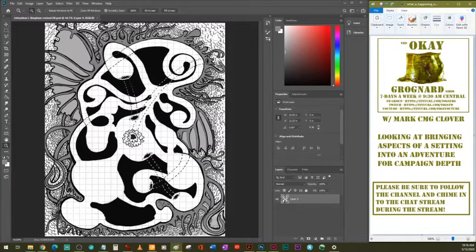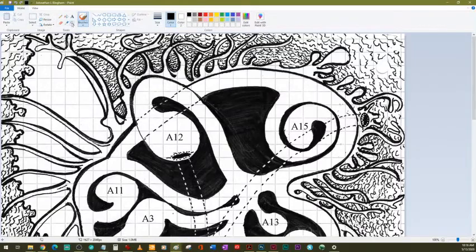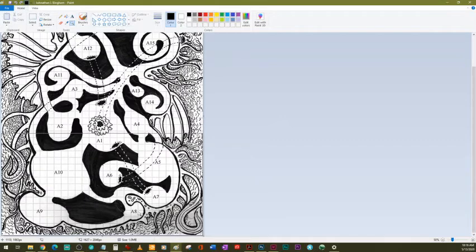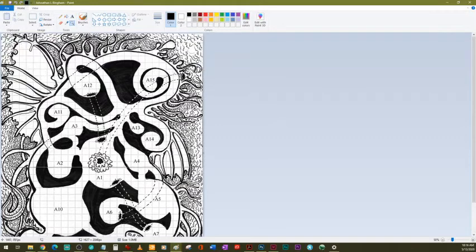In its original form, it was somewhat different. I've changed it a bit since then. Let's see if I can bring up... Here we go. Okay, so here was the original map he showed me. And it's all well and good. This is hand drawn on graph paper and then scanned, and then some numbering and lettering has been added in.